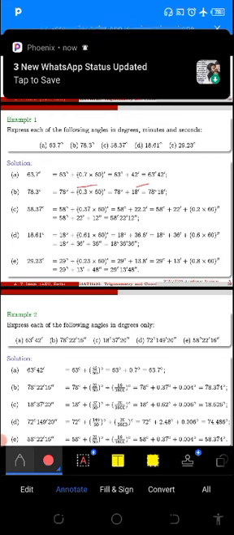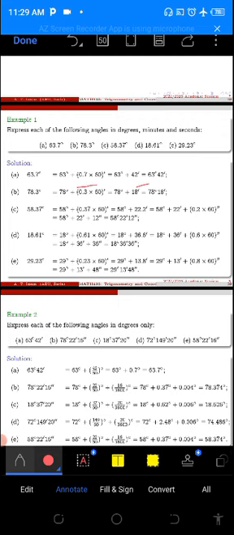We convert 0.37 to minutes by multiplying by 60, which gives 22.2 minutes.